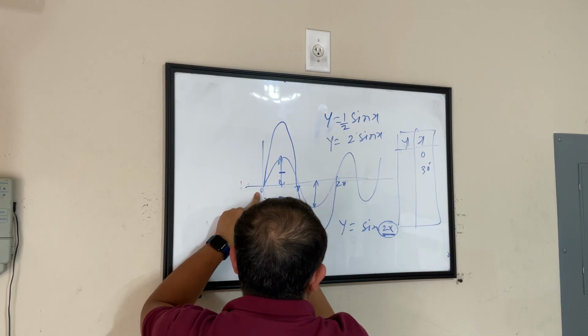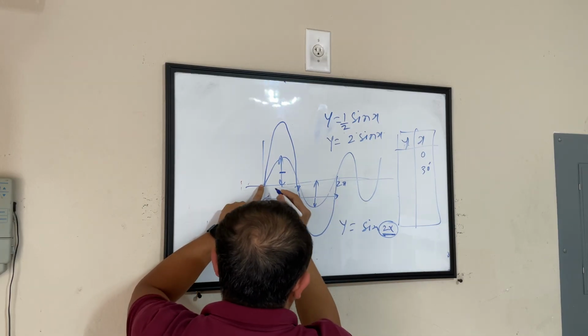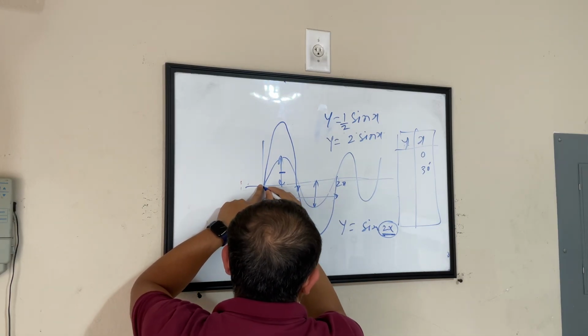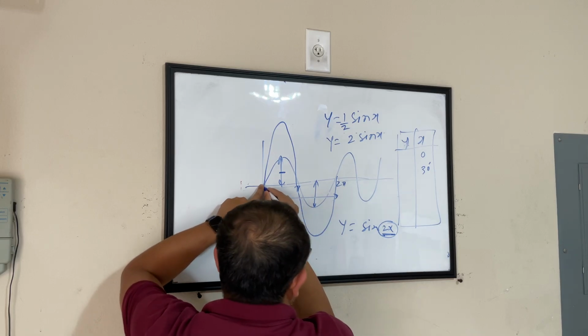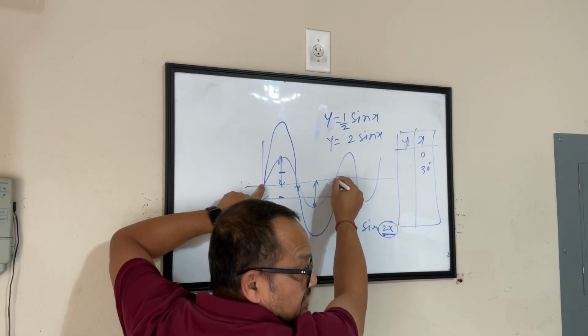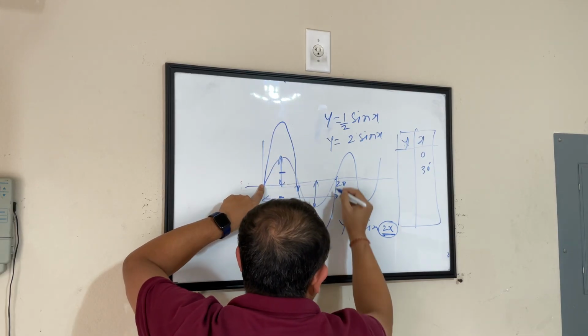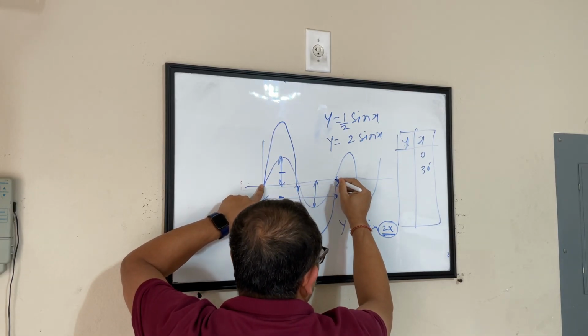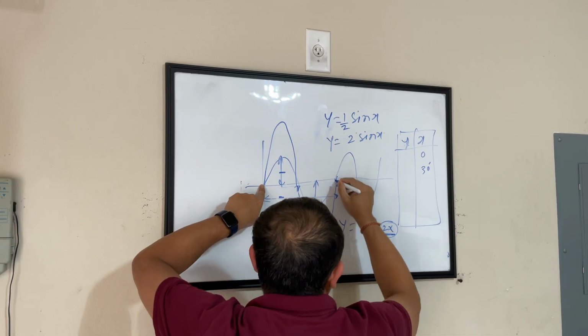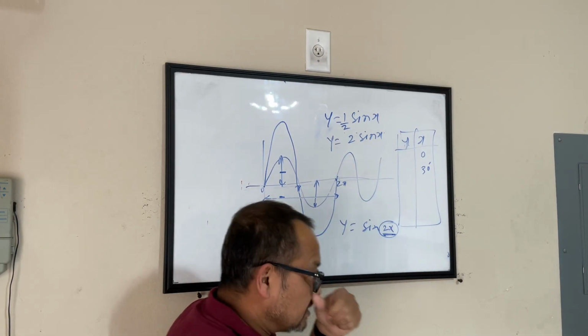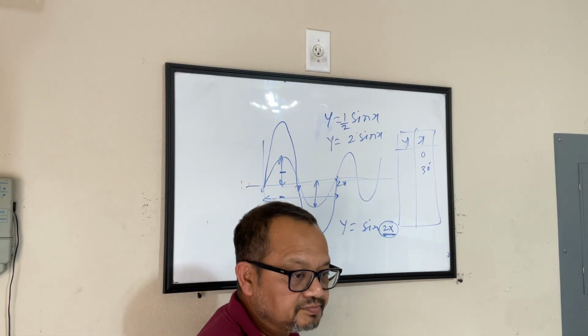This is called a period, meaning the time or the distance from the starting point until it completes one cycle. It starts from here, goes all the way to this point, from where it starts a fresh iteration. So this is called the period.